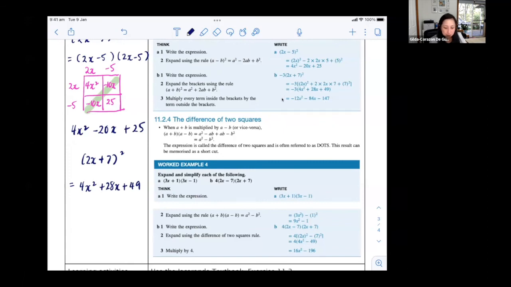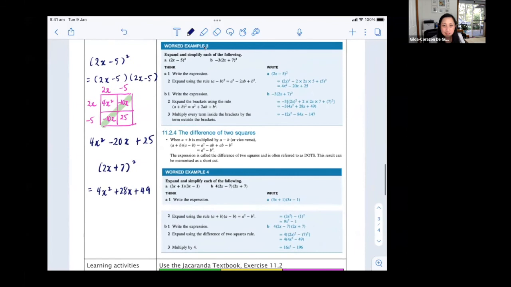Now, if you look at example 3 and example 4, what's the same, what's different? Well, this one is 2x minus 5 times 2x minus 5. This one is 3x plus 1. It's not squaring it. But what you want to do is to multiply it by 3x minus 1. So the first terms and the last terms are the same, right?